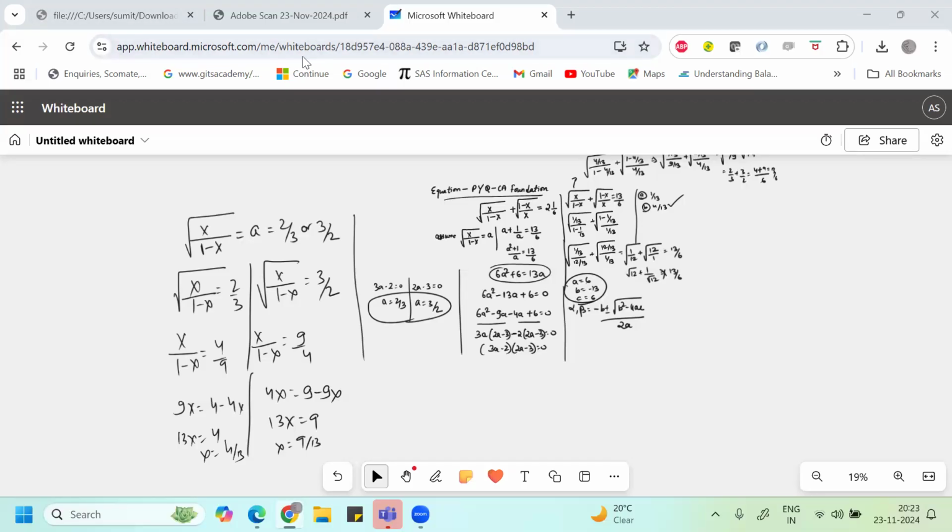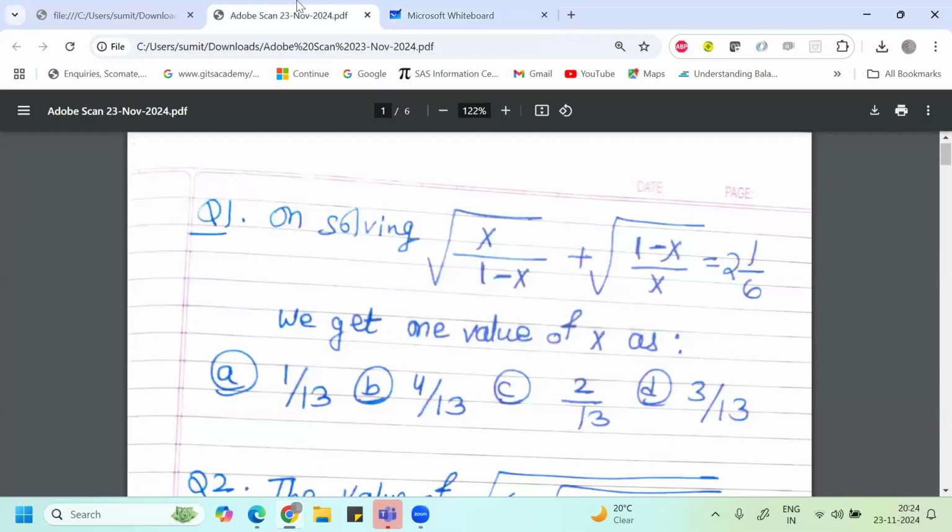So only 5 people are there: Harshita, Kavna, Raksha, Vans, Zaiba. Any question? Please ask me. No question? Okay, I'm assuming nobody has any question.